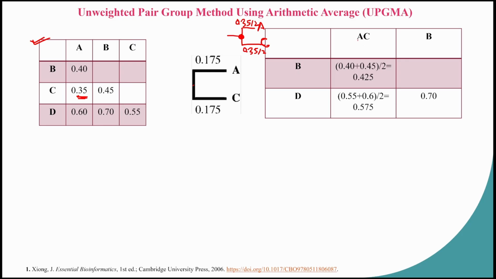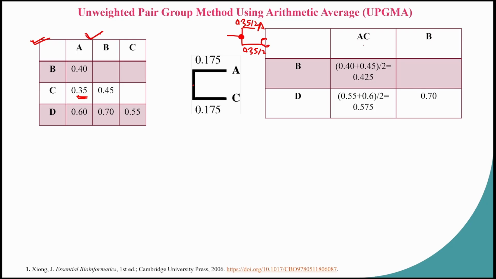So if you divide A and C into its composing sequences, that will be A and C, right? For the composite one, where you have the entire combined unit, for each of the constituent sequences you have to calculate the distances, which is already present in the earlier distance matrix.